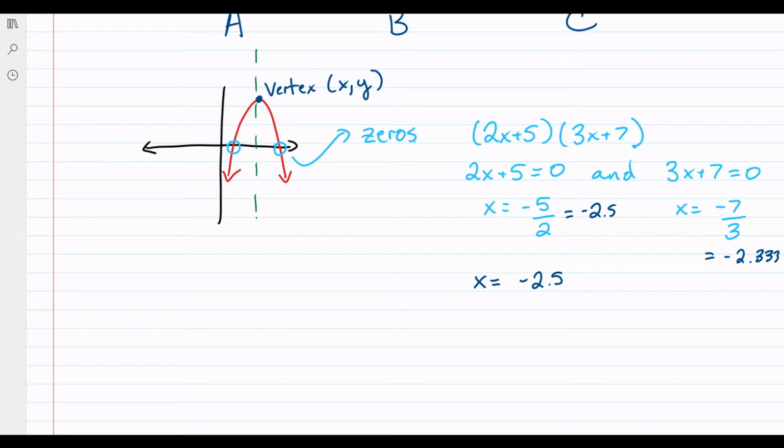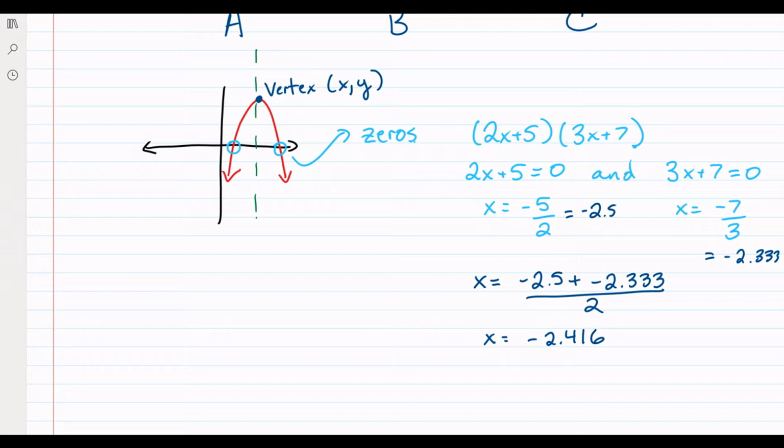So it would be minus 2.5 plus minus 2.3333, divided by 2. So the x value of the vertex would then be minus 2.416 if you used your calculator to figure that out.